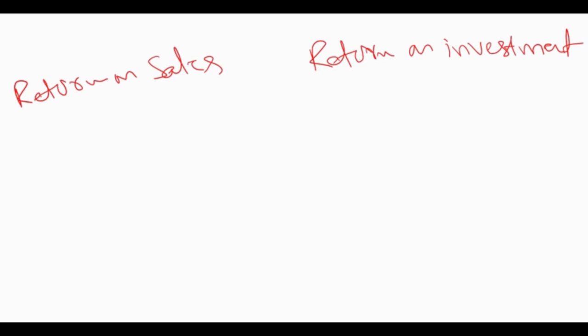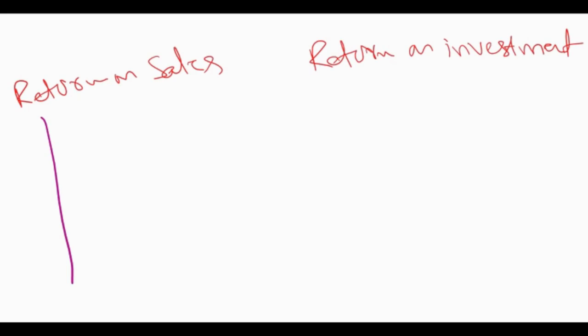So what are the ratios that we can see? What kind of return on sales will we get? Let's see what the types are.